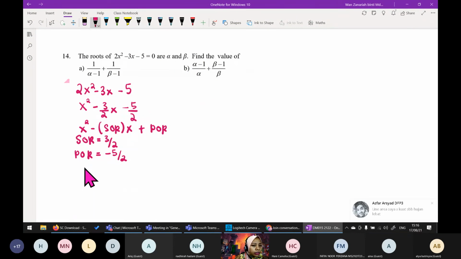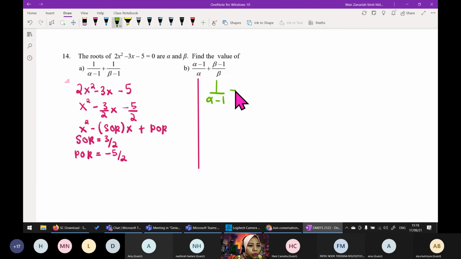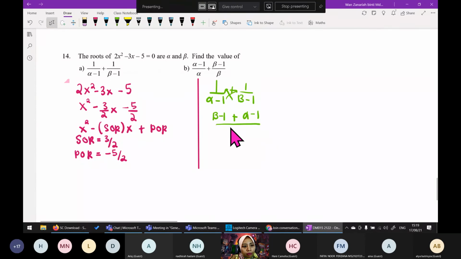Okay. So sekarang ni 1 over alpha minus 1 plus 1 over beta minus 1. So kita darab silang, cross multiply. Okay, so jadi apa? Beta minus 1 plus dengan alpha minus 1, over dengan alpha minus 1 times beta minus 1.